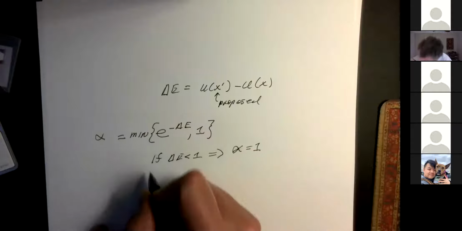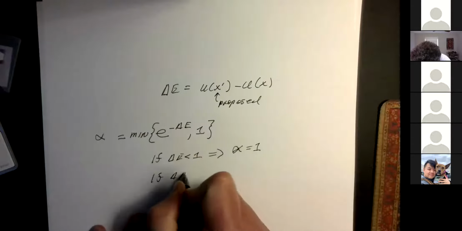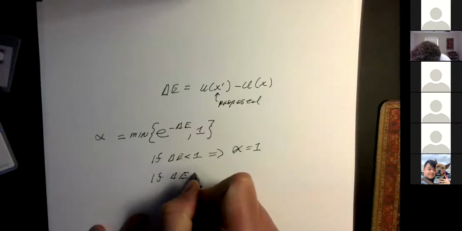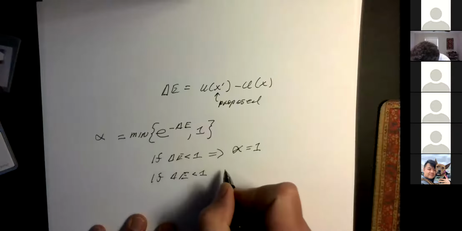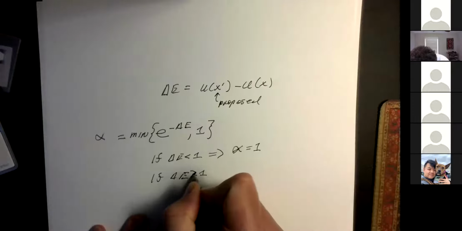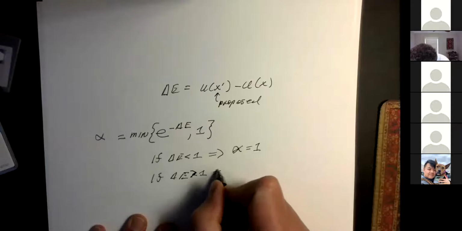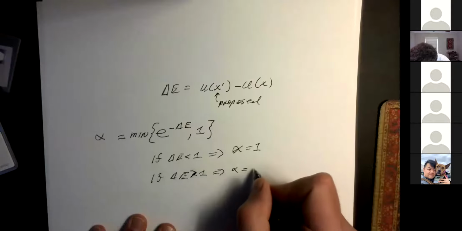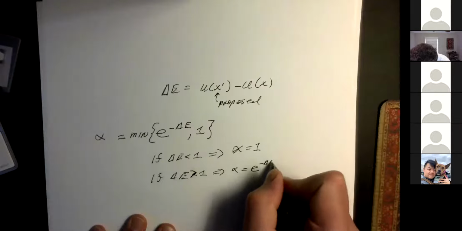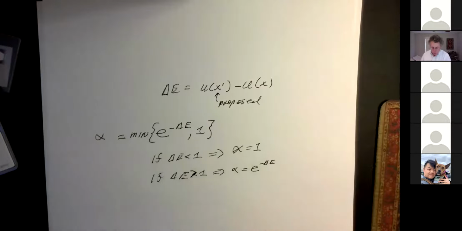If delta E is greater than 0, then alpha is equal to e to the minus delta E. So that simplifies the algorithm.